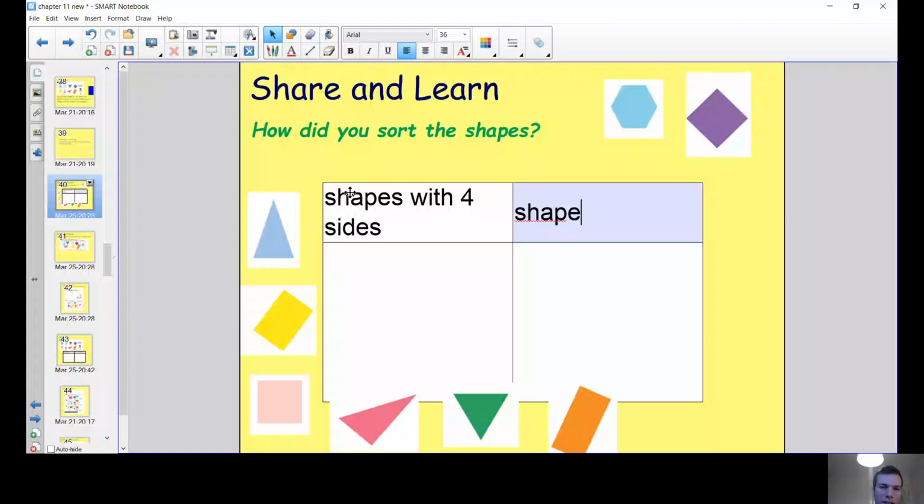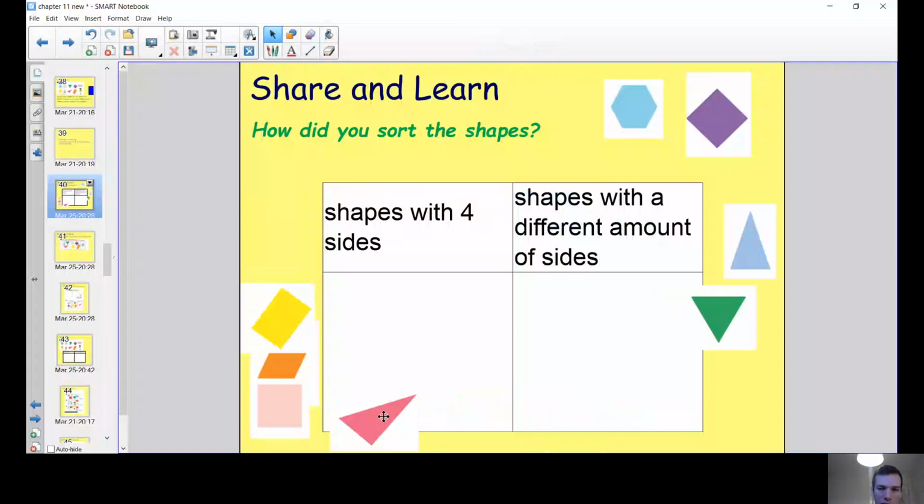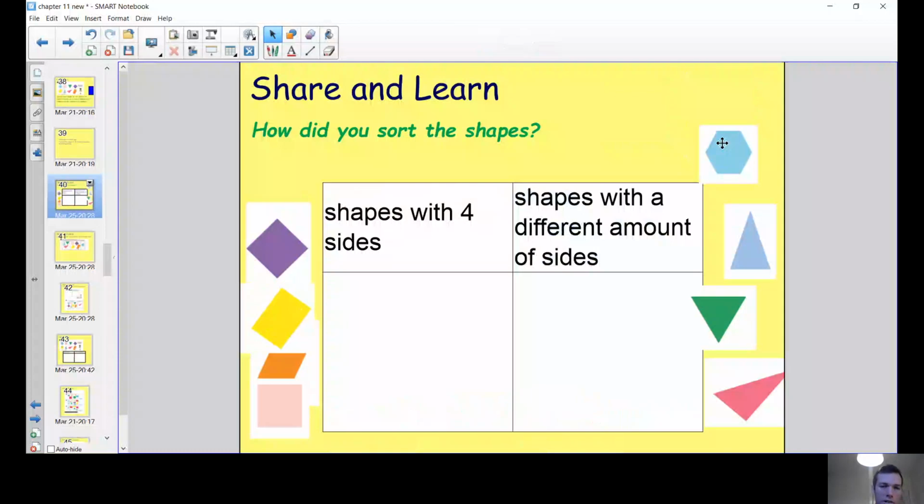I think we could easily say that our squares and our rectangles would need to go into our 4 sides, and different amounts could be over here. Okay, so I could sort them with sides.